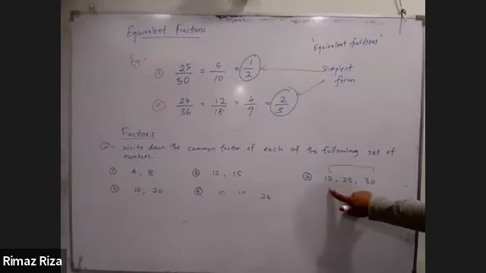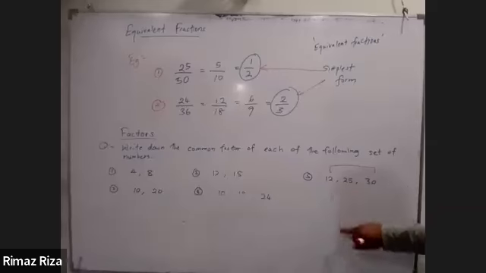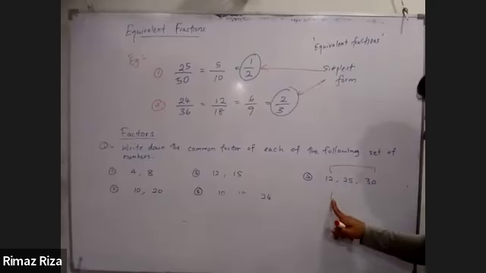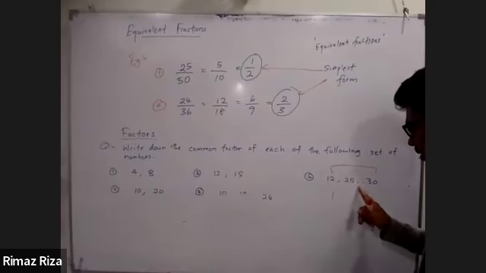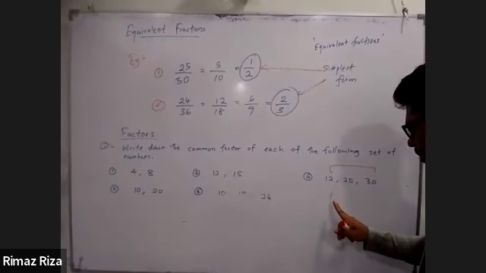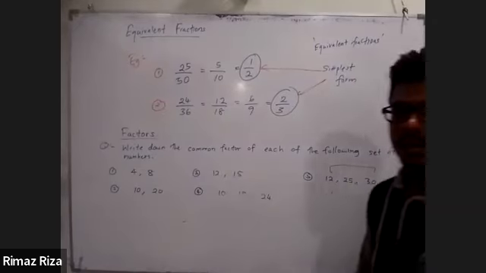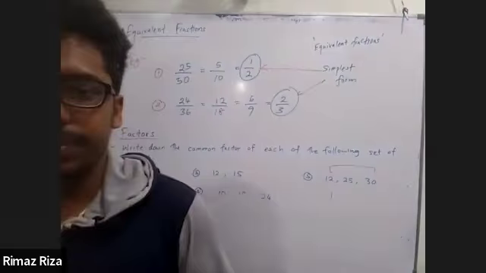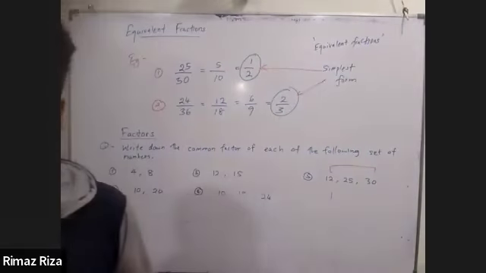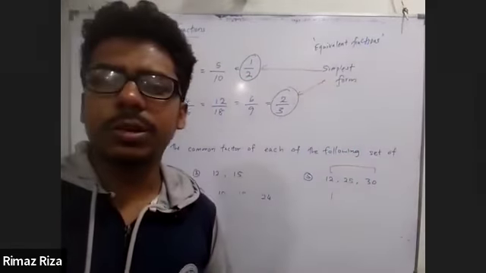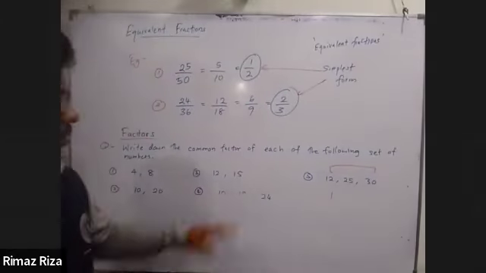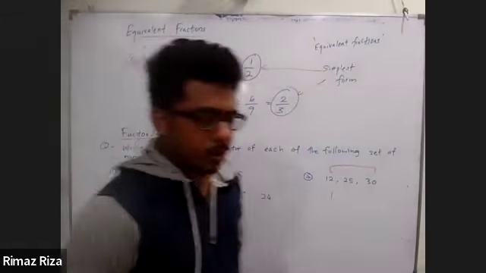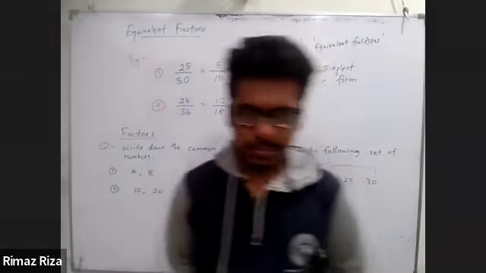So like this, it can sometimes be tricky. You have to be very careful. I hope others also did it correctly. Right, so now you know what common factors are.